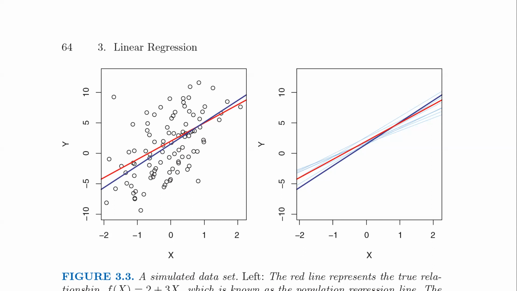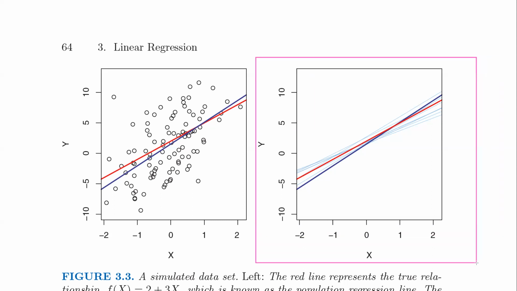These two charts are doing basically the same thing, but the right-hand side, and if we find my cursor, we can just emphasize it in pink, just in case we get our left and right muddled up. The right-hand side is doing what the left-hand side did, but 10 times.